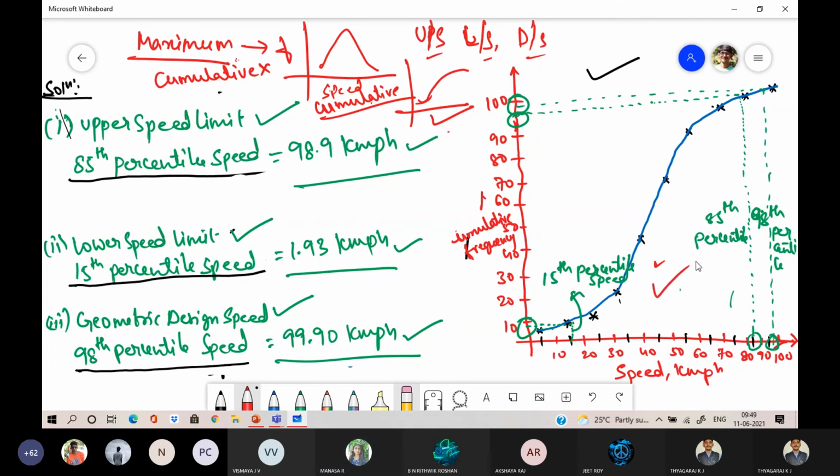Any other doubts? No, sir. What is meant by cumulative frequency, sir? Cumulative frequency means it is the addition of all the frequencies. Adding one by one, that will be cumulative in nature.